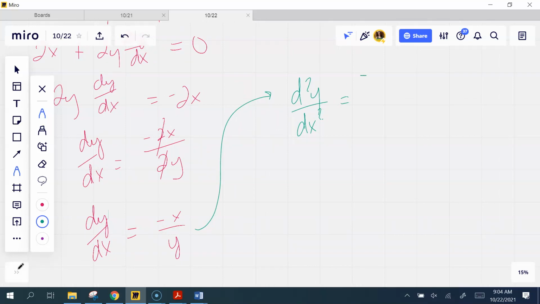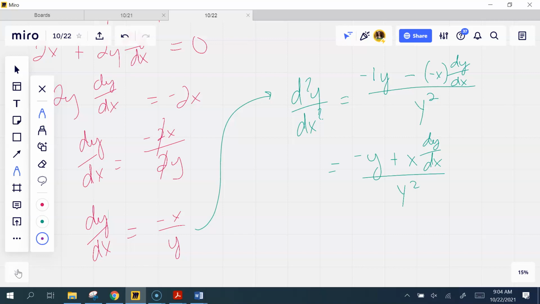What is it? Negative 1 times the bottom minus top times derivative of the bottom, all over the bottom squared. So this is negative y plus x dy/dx over y squared.